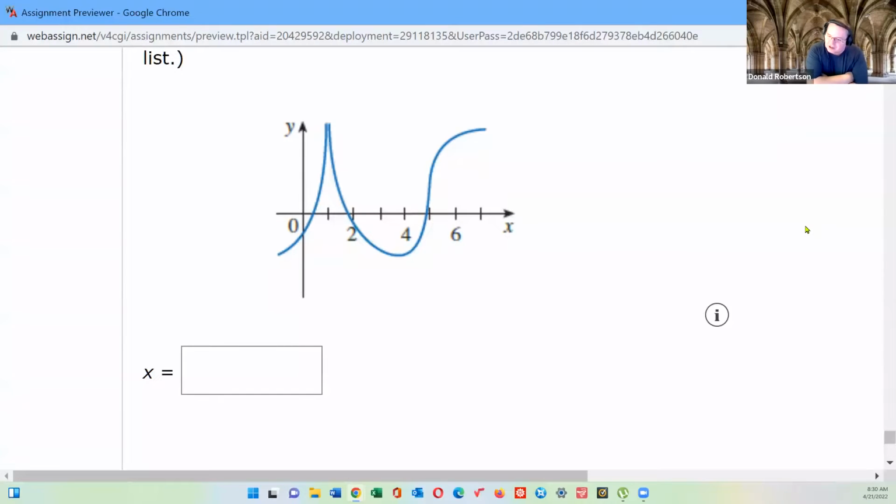I won't tell you how many I see this time, but give me the x coordinate of a place where this function is not differentiable. Is it vertical enough at 5 to be one? That's the sneaky one, yes.